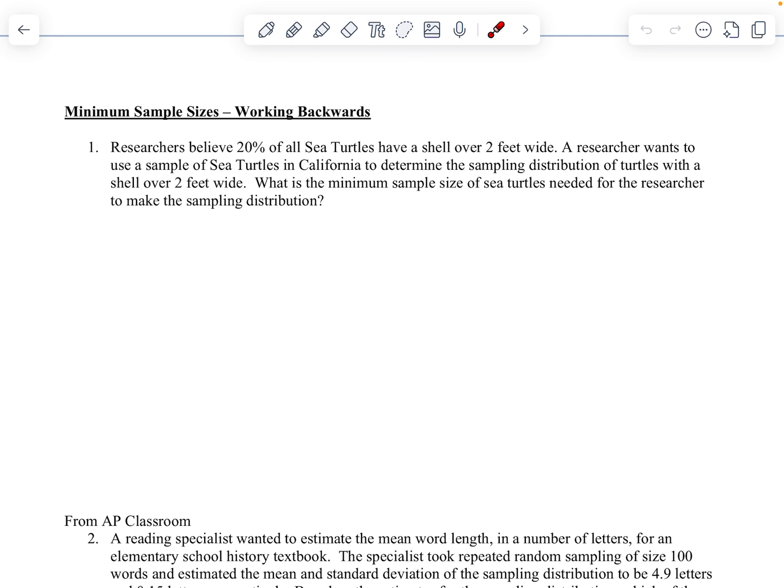So it sounds like we are talking about a sample proportion. Here's how I know. It says researchers believe 20%. So we're talking about a proportion, right?